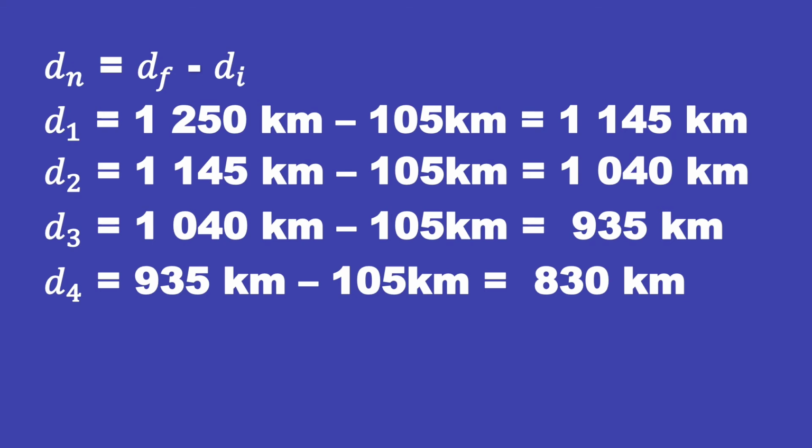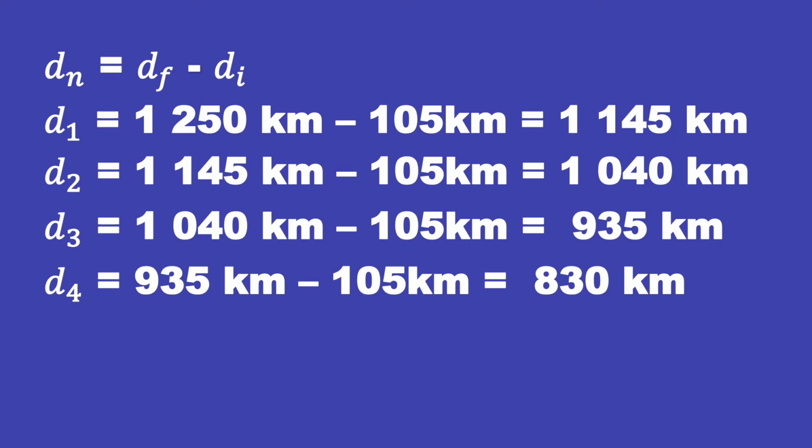So our formula is d sub n equals d sub f minus d sub i. For d sub 1, from his starting point of 1,250 km, he backtracks by 105 km. So that is 1,250 km minus 105 km equals 1,145 km.